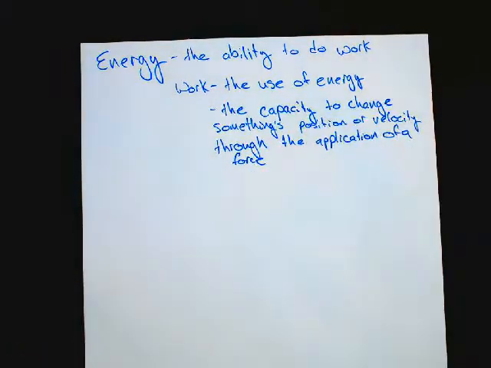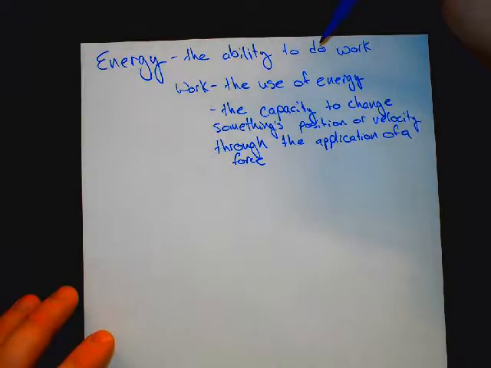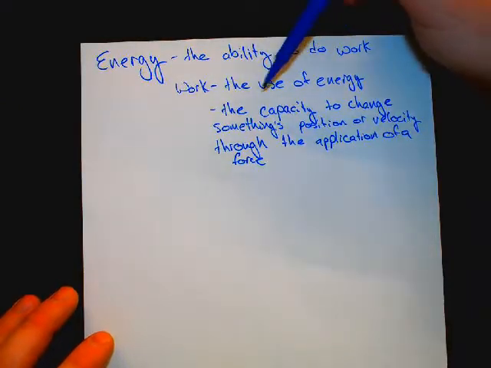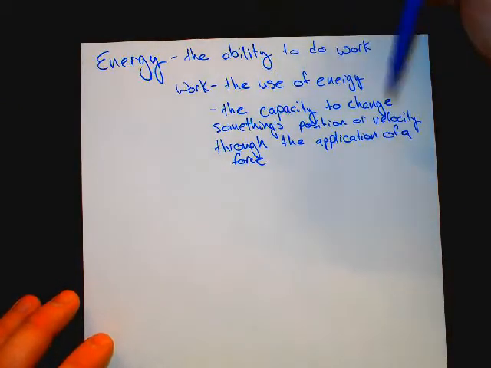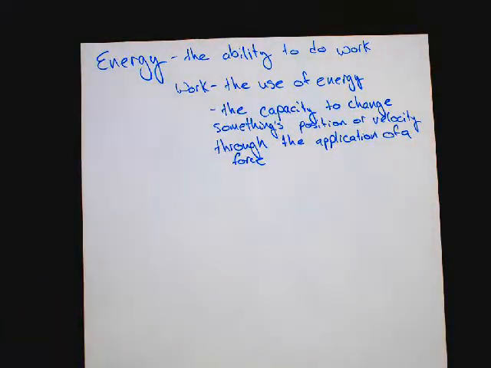So really, if we want to identify what energy is without having compound definitions, energy is the ability to use a capacity to change something's position or velocity through an application of force. Okay, kind of complex in there, but we're getting two new vocab terms simultaneously.